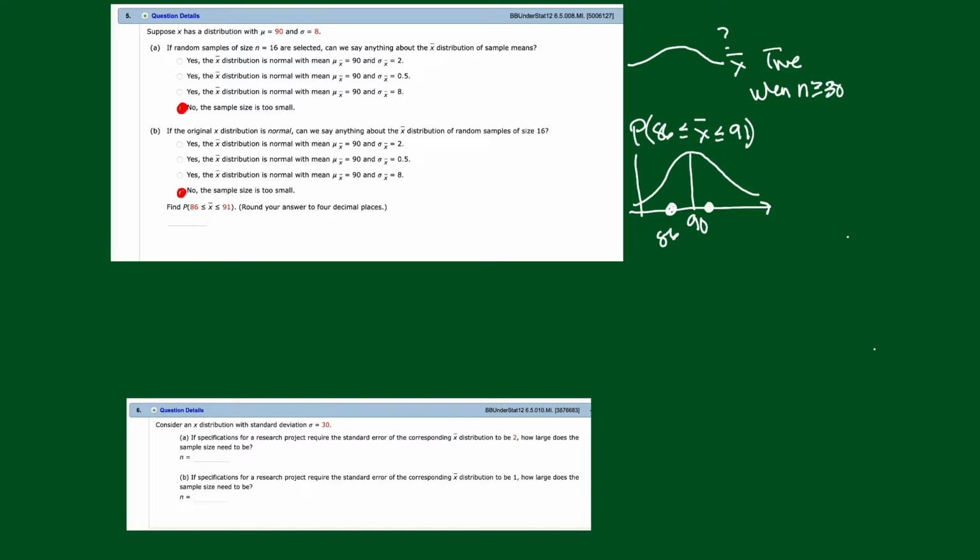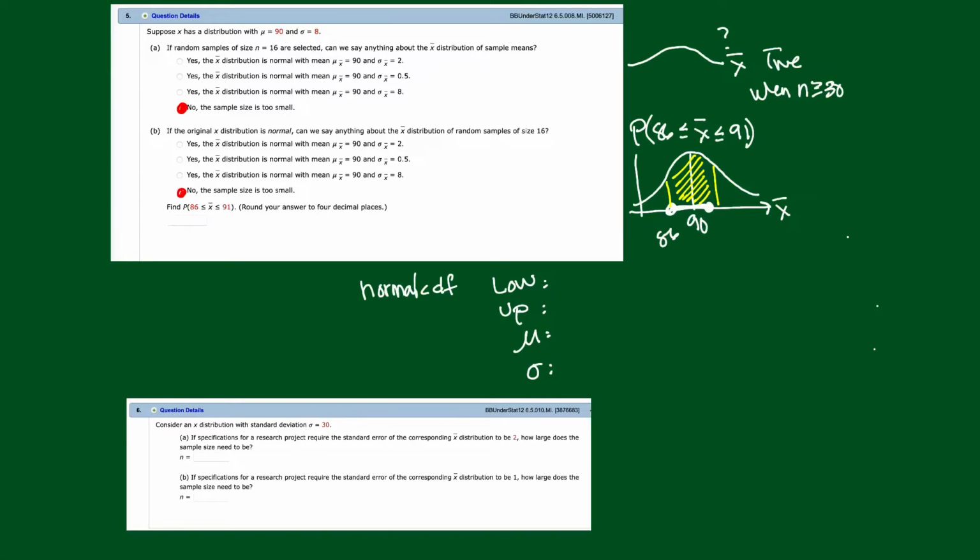So what's the probability of getting an X bar in that interval? We're going to find that probability by measuring this area right here, and we're going to have our calculator measure that for us.